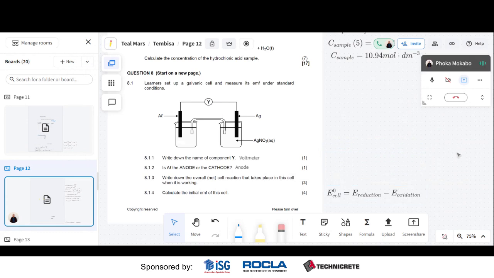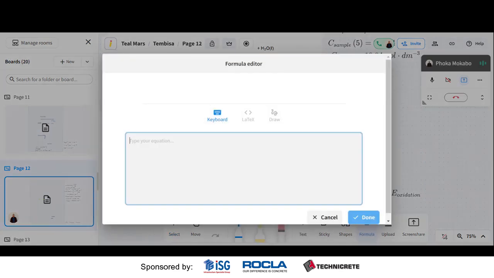We're going to come back to it pretty soon. But essentially, the net ionic equation is as follows.